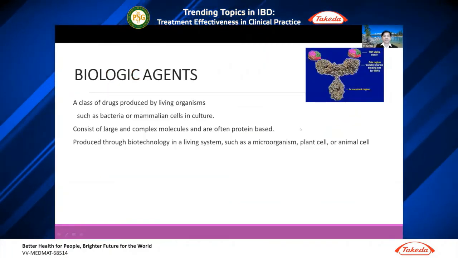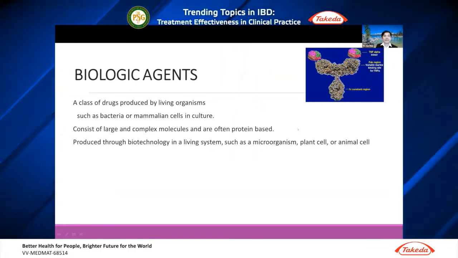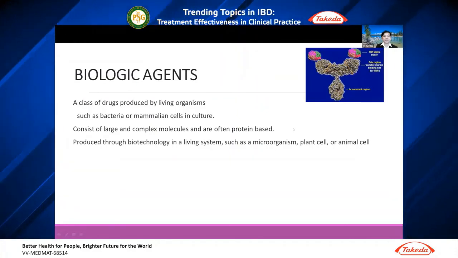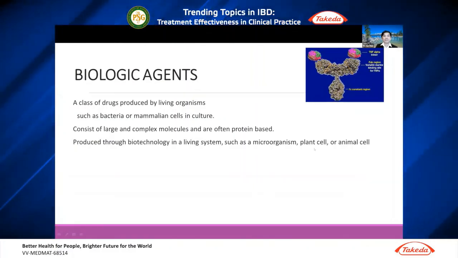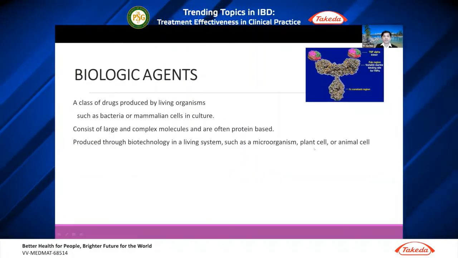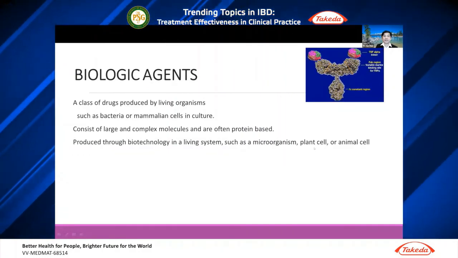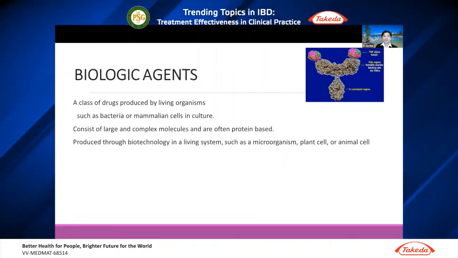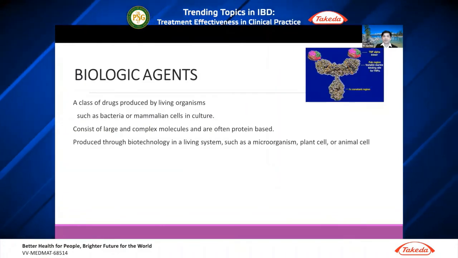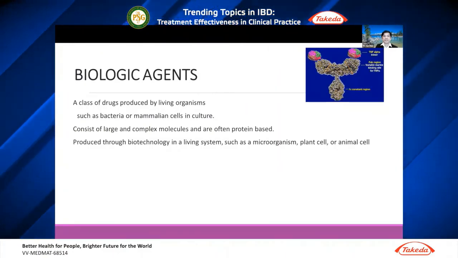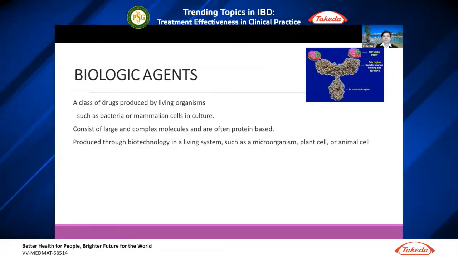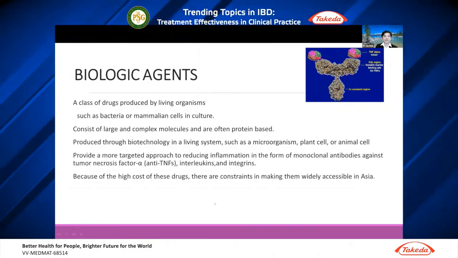What are biologic agents? Biologic agents are a class of drug produced by living organisms such as bacteria or mammalian cells in culture. They consist of large and complex molecules and are often protein-based. They are produced through biotechnology in a living system such as a microorganism, plant cell, or animal cell.